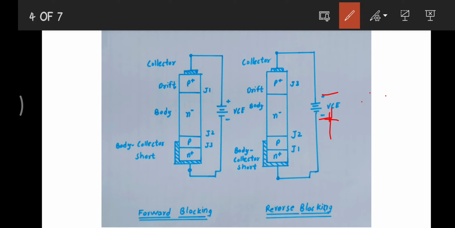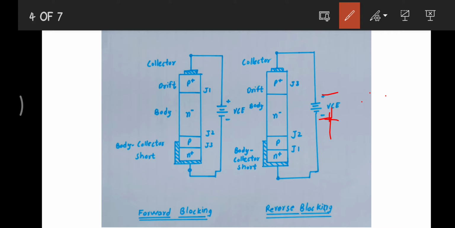Reverse blocking IGBT is a modified IGBT that can block voltage in both forward and reverse directions without needing an external diode, and it is designed by removing the N plus buffer layer, allowing the reverse blocking capability.